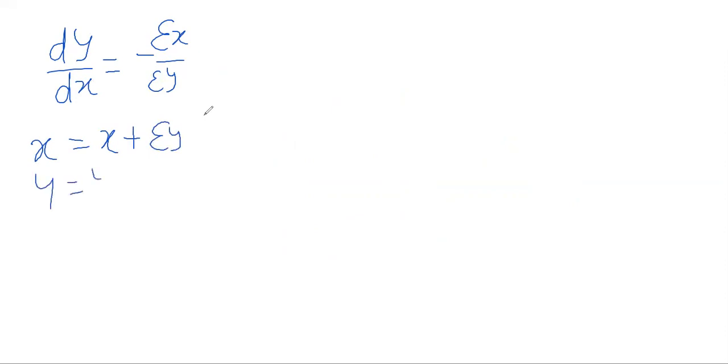What about y? Y will be incremented as y minus epsilon x. This is the next value of y and the next value of x, and these are the previous values. So in proportion to dy divided by dx, you get the next pixel like this. Here it is yn, here it is xn, and we are going to use it every time.